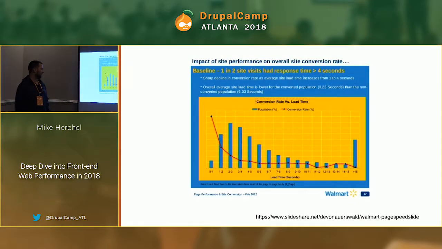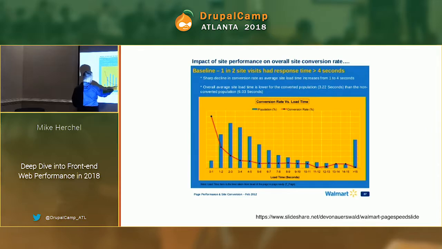This is a chart given out by Walmart.com several years ago, and this is the page speed right here. Hold on, no, this is the conversion rate. The conversion rate's very high, and this is the page speed. Blue is the population, conversion rate, and load time.